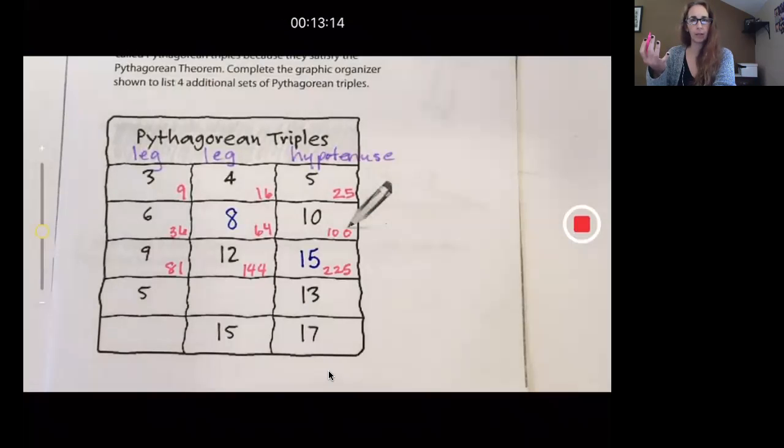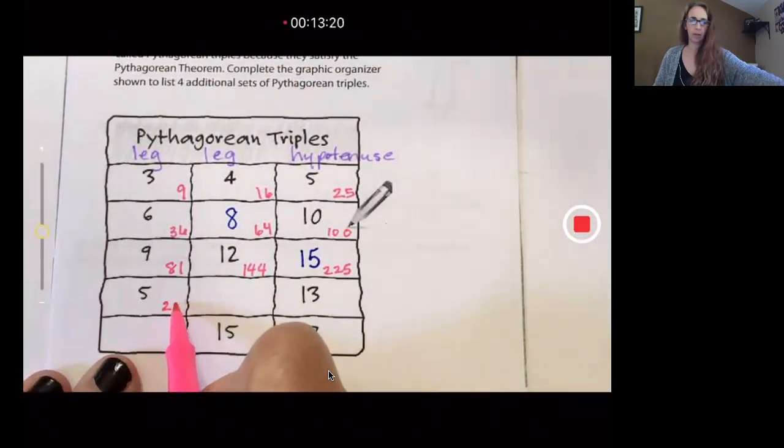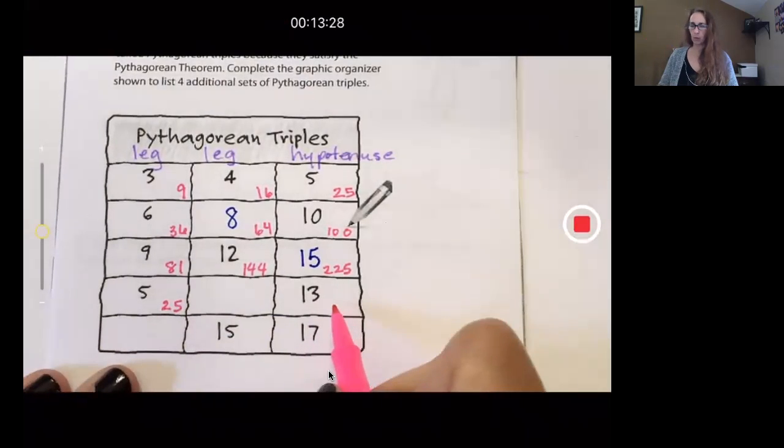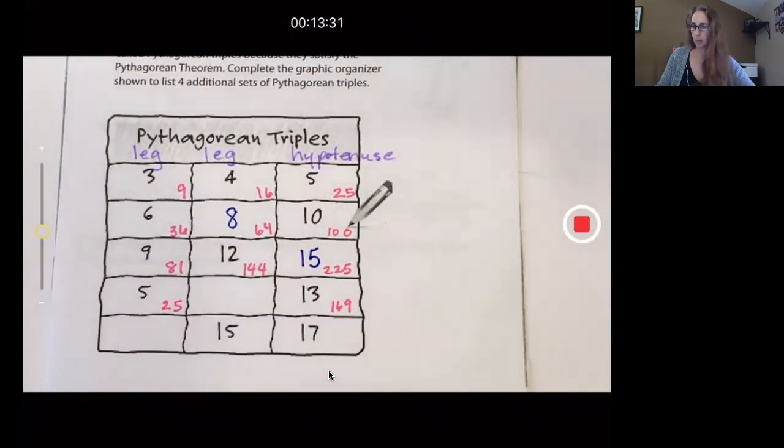Again, you can pause it. Challenge yourself. 5 squared. I don't have 13 squared off. I think it's 169, I'm pretty sure. Ooh, I think we did this one.